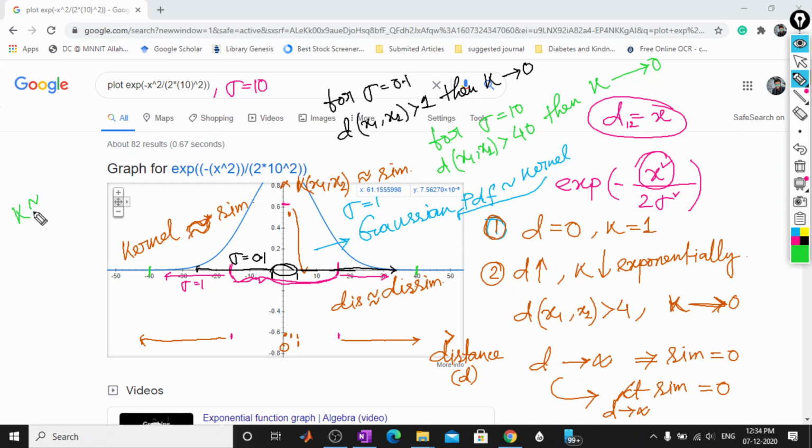Increasing sigma means considering farther points. I think this concept is clear to all of you. So let's go to our main discussion page.